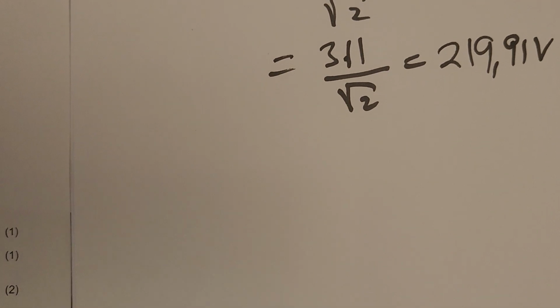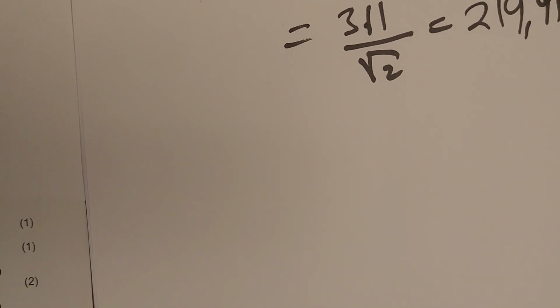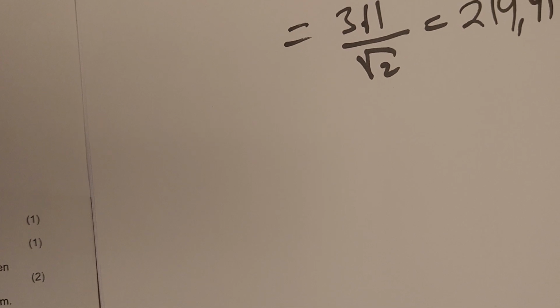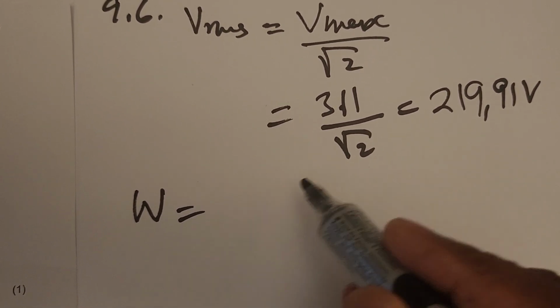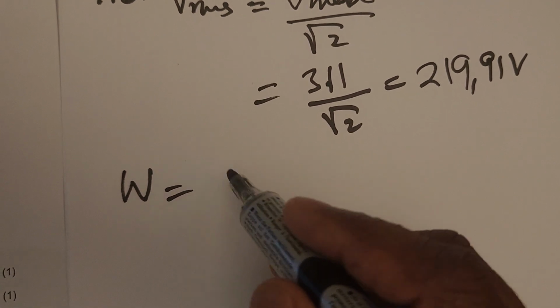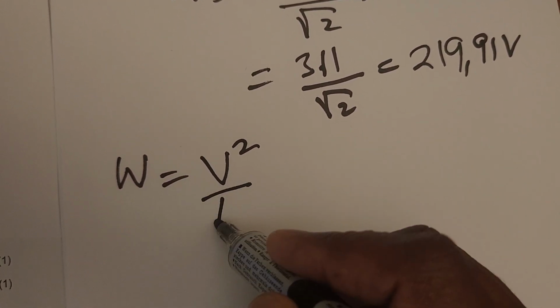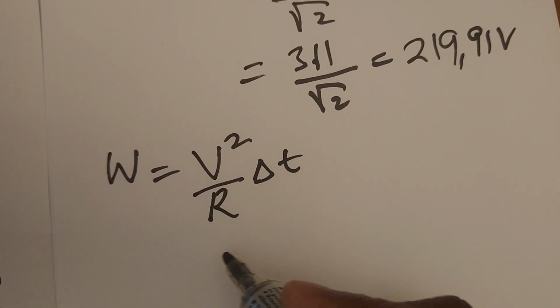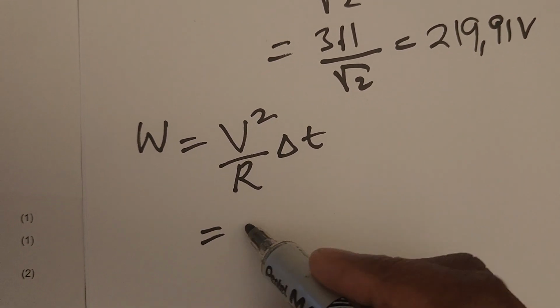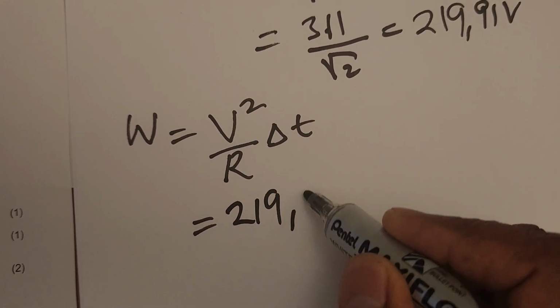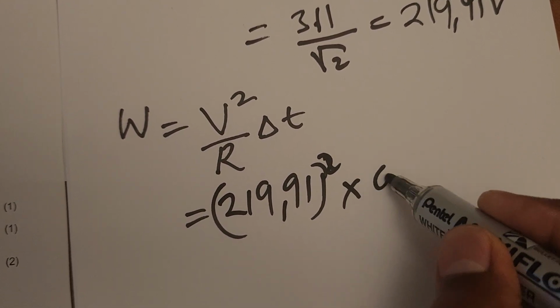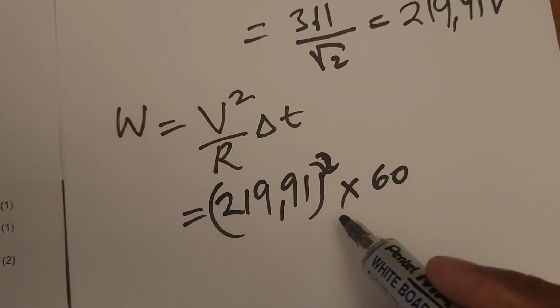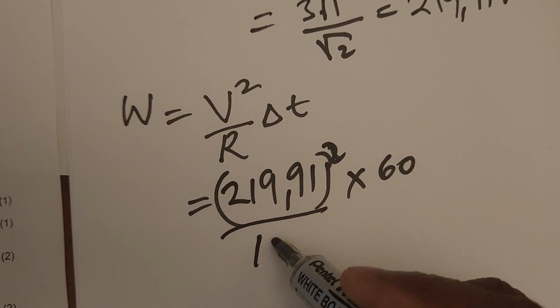Energy dissipation per minute is what we call W. Now we can just use energy dissipation, which will be W equals, we've got V and R, then we can use V squared over R times delta T. This will be the same as V is 219.91 all squared, multiplied by 1 minute, which is 60 seconds, divided by R, which is 100.